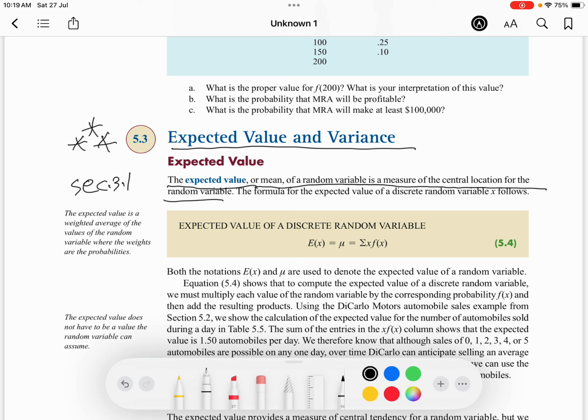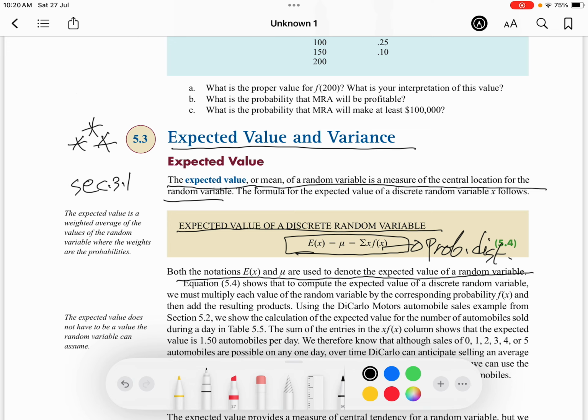The formula for the expected value of a discrete random variable is mu equals summation x_i f(x_i), where f is the probability distribution. Both notations, E(x) and mu, are used to denote the expected value of a random variable.